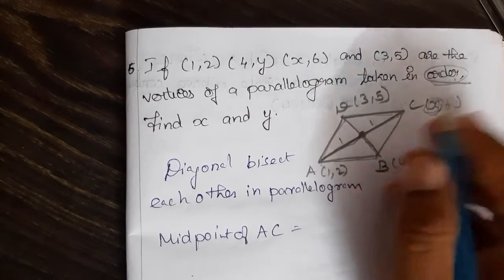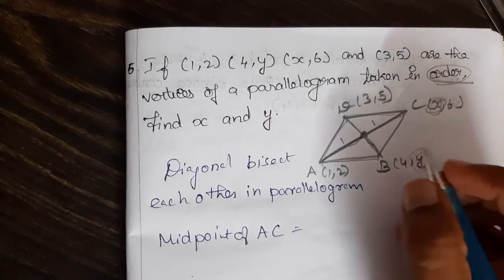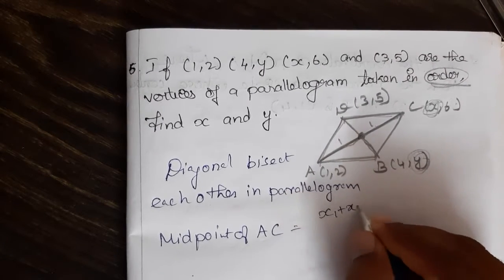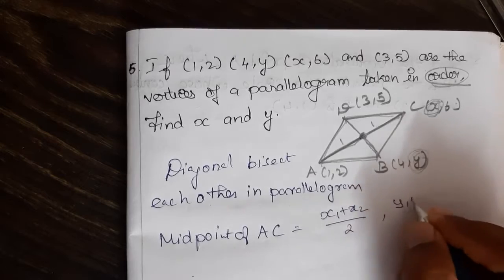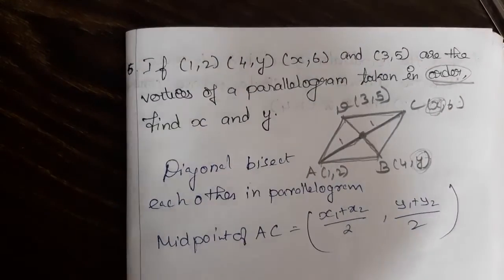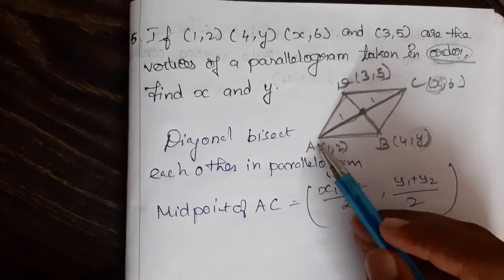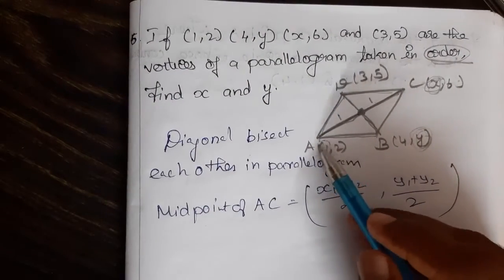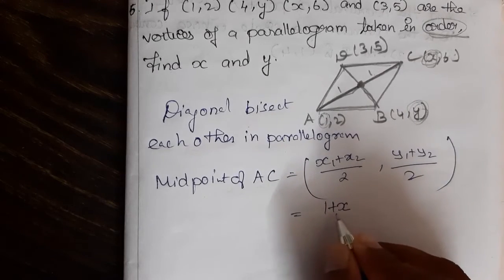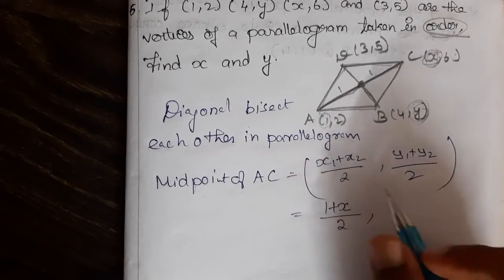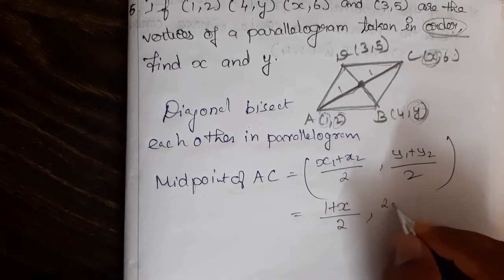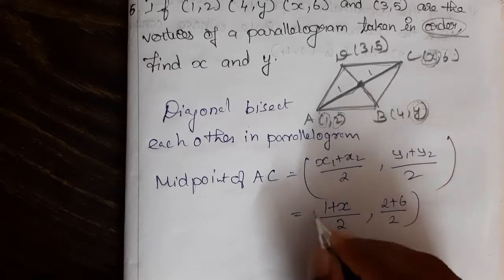Bisect means it is the center, the midpoint of AC, and the midpoint formula is, we know, (x1 plus x2 by 2, y1 plus y2 by 2). So finding the midpoint of AC, x1 is 1, so 1 plus x divided by 2, comma y1 plus y2 is 2 plus 6 divided by 2.